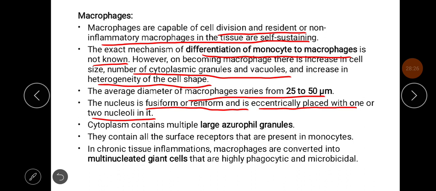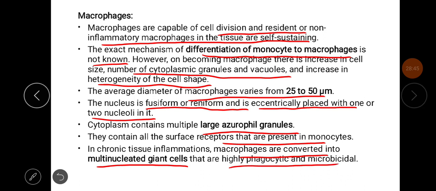Cytoplasm contains multiple large azurophil granules. They contain all the surface receptors that are present in monocytes. In chronic tissue inflammation, macrophages are converted into multinucleated giant cells that are highly phagocytic and microbicidal.